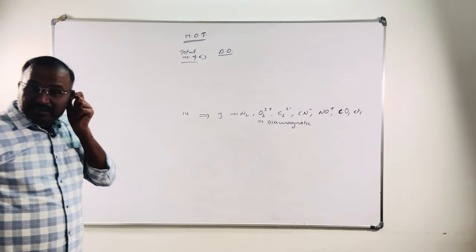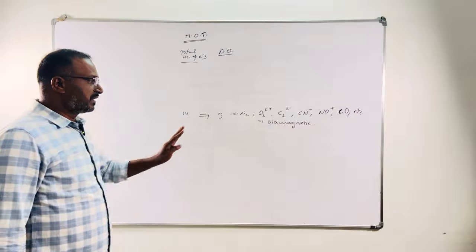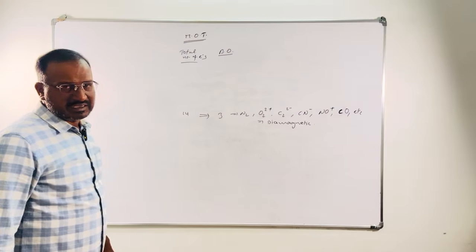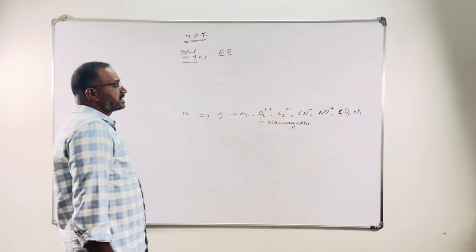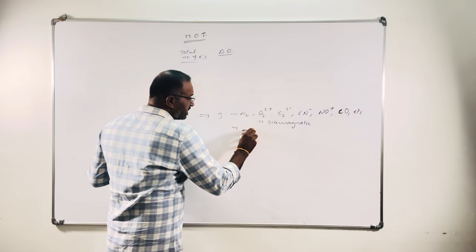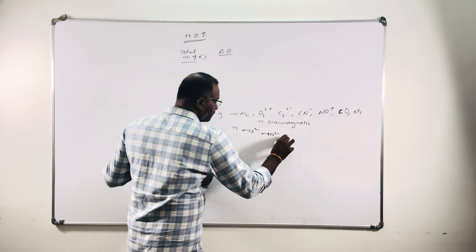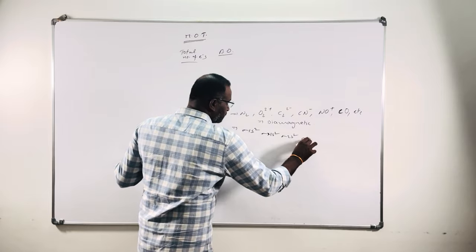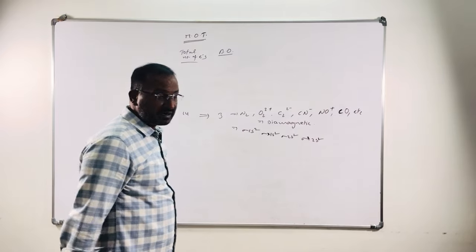Why it is diamagnetic: the configuration is sigma 1s2, sigma star 1s2, sigma 2s2, sigma star 2s2. Up to this, 8 electrons.